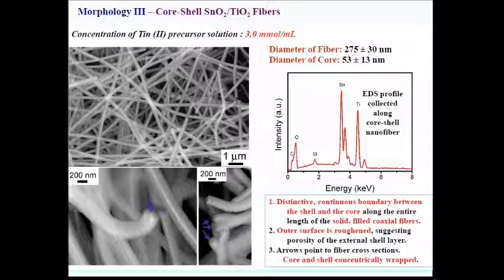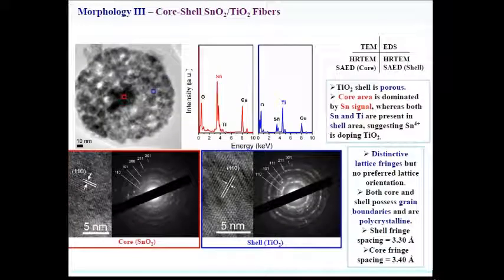Okay, so again, if you take this EDS profile across that particular fiber, what you basically find is the presence of tin on the inside, TiO2 on the outside. You do the mapping profile. What you find is predominantly titanium on the outside and tin on the inside, a core structure.